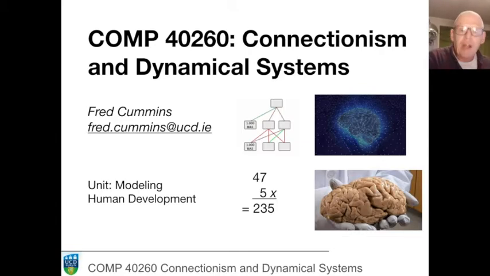There was a great deal of such work in the 80s and 90s. There's still some. This has never, of course, died out. But it emerged as a very significant paradigm for thinking about human development and learning in the 80s and 90s. And we're going to take through at least one very carefully worked example.